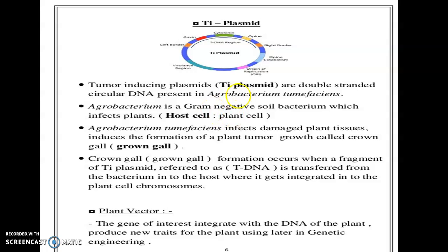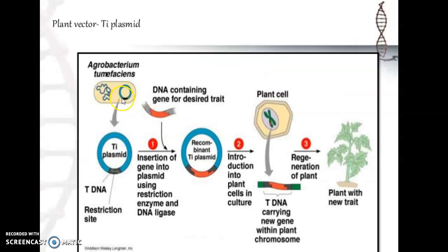When this T-DNA is introduced into the plant genome, it stimulates the plant cell to undergo rapid cell division and form a tumor. So in this manner, at the position of the T-DNA we cut the DNA, and in between the T section we add the desired gene, and allow the bacteria to infect the plant and develop the tumor in the plant cell. From each cell of that tumor, by tissue culture technology, we develop the entire plant having the desired gene.